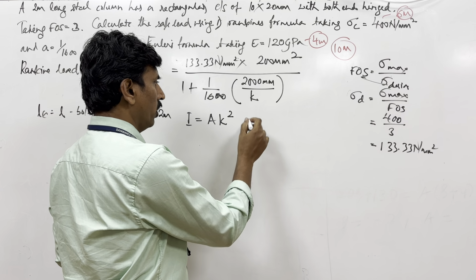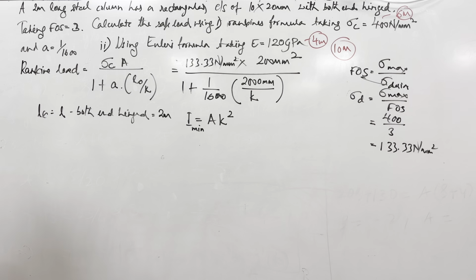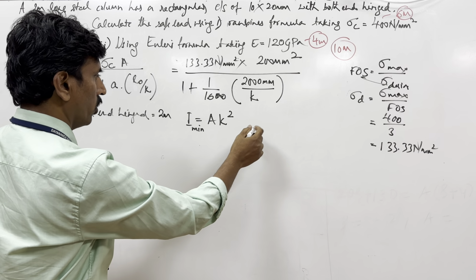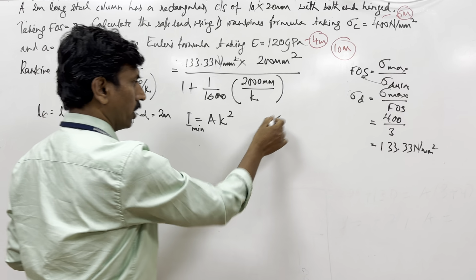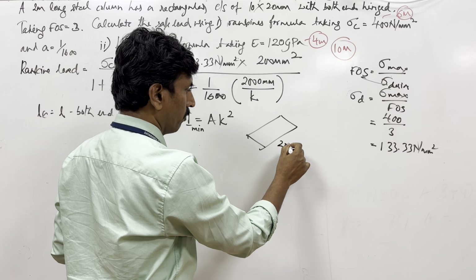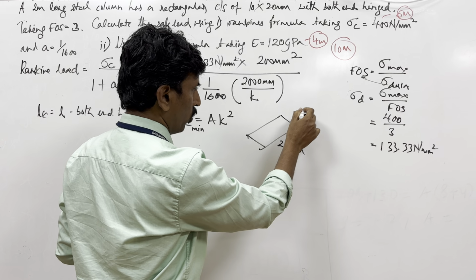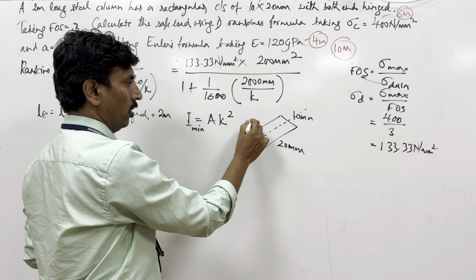So here this I refers to I minimum. For this section of the column, you can have the section like this, 20 mm into 10 mm.